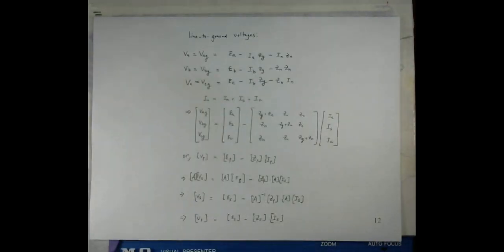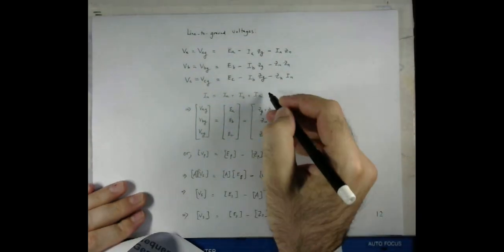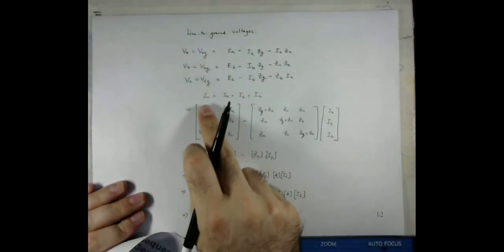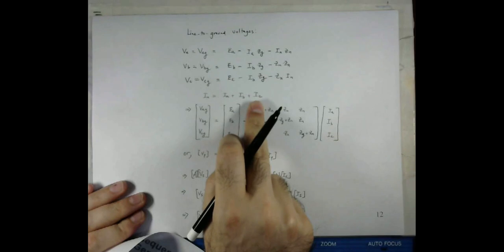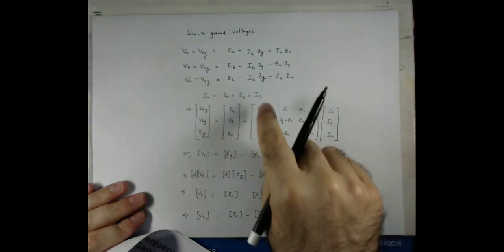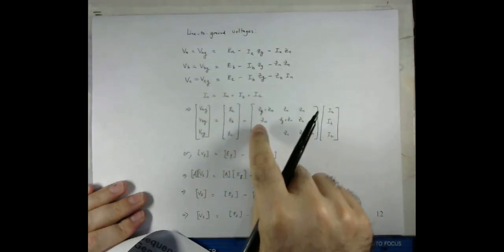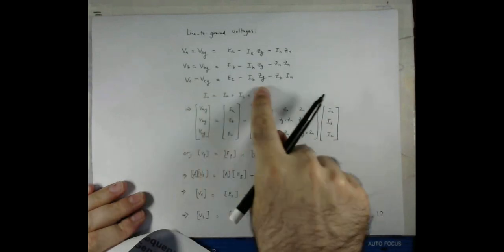Okay. So now, as I mentioned, the neutral current is equal to the sum of the three phase currents. Putting the neutral current as the sum of these three currents, we can get this particular matrix.